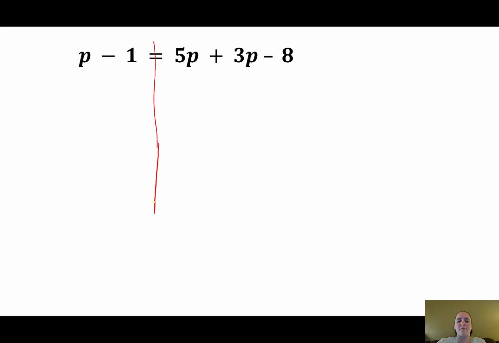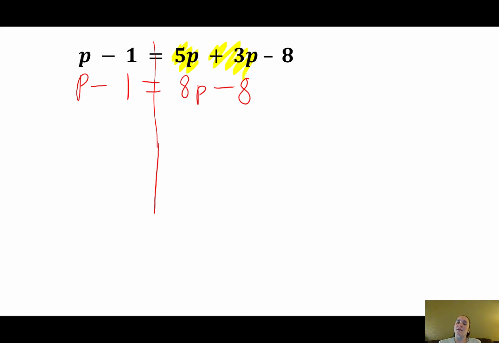I do on the right. I've got 5p and a positive 3p. So when I add those together, I get p minus 1 equals 5 plus 3, which is 8, p minus 8.